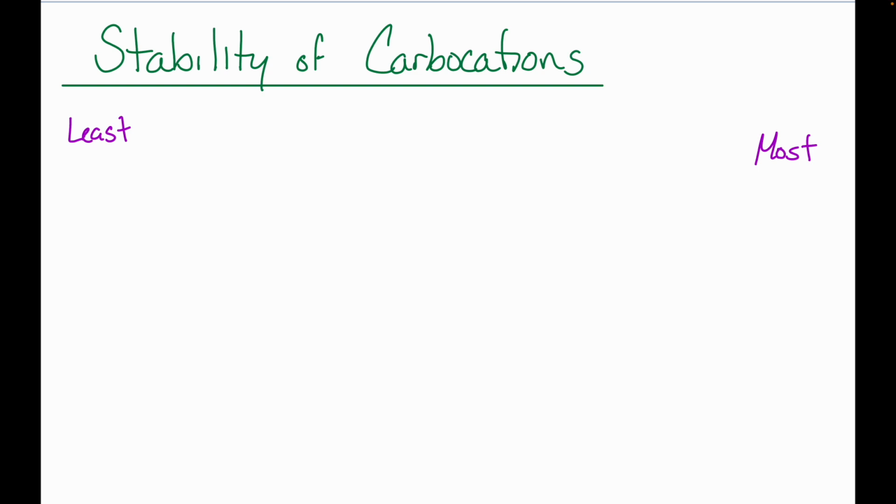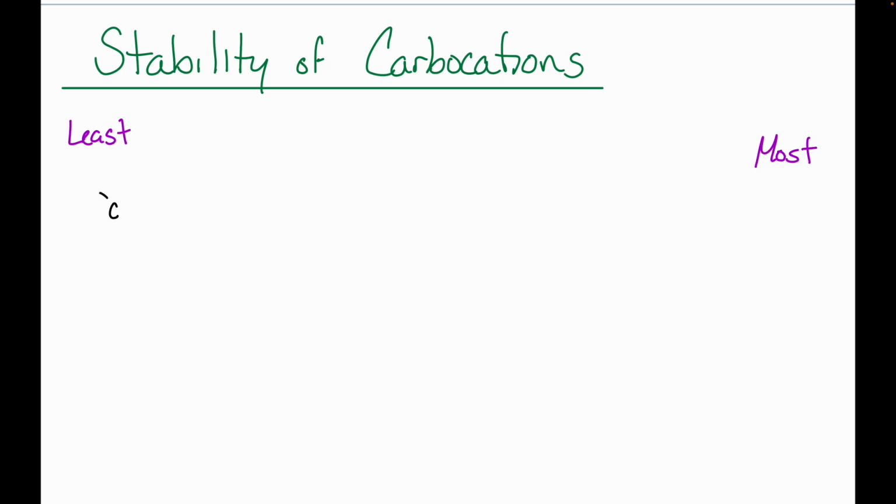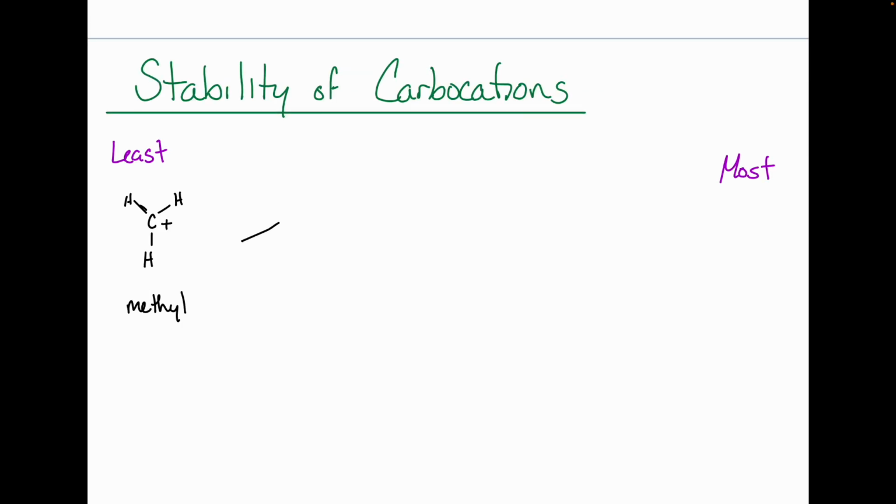All right, but the least stable of all our carbocations would be when carbon is bound to no other carbons, what we would call a methyl carbocation. All right, if that carbon is bound to just one other carbon, we call it a primary carbon.